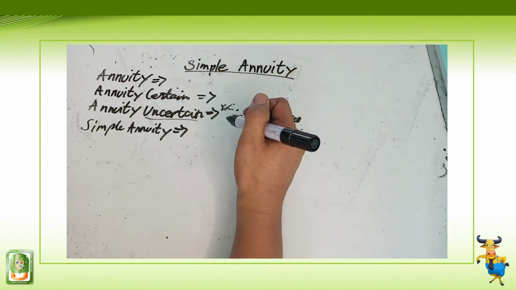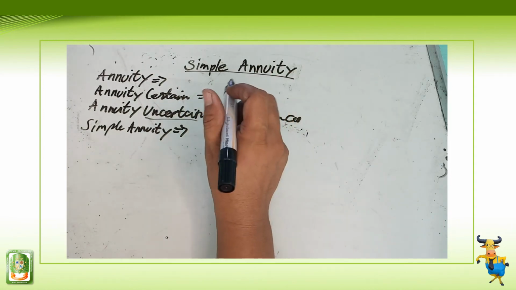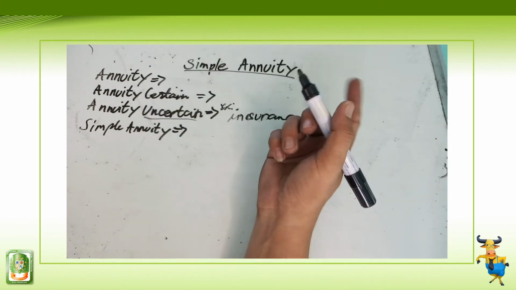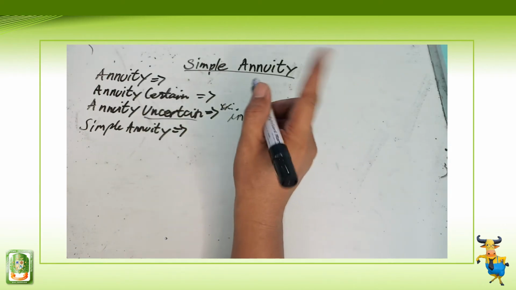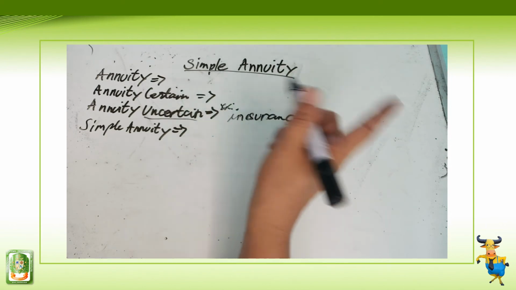Simple annuity, interest conversion or compounding period is equal or the same as the payment interval.